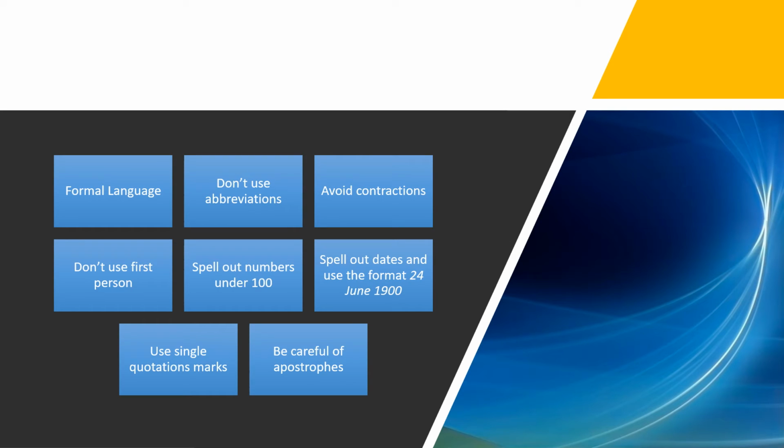When writing an academic essay, it's important to use formal language. Part of this is don't use abbreviations. So for example, if you want to use World War II, don't put WW2 the first time.